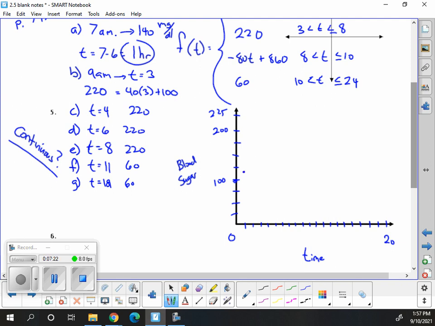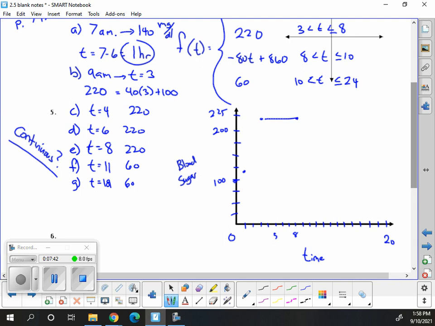When t was 3, we had 220 all the way up here. And then it stayed flat at 220 through 4. So 3, 4, 5, 6, 7, 8, all the way across here.